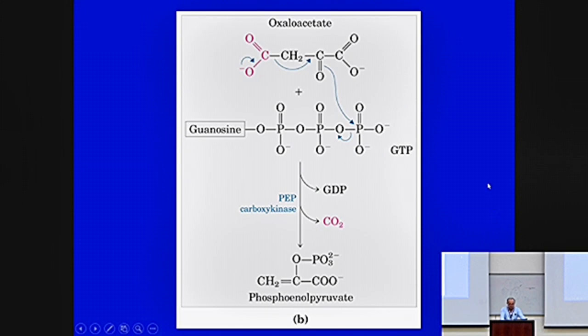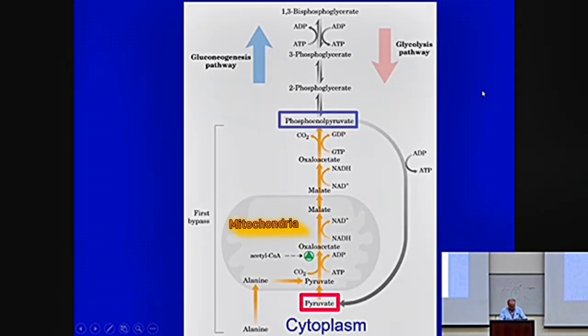So in order to form PEP from pyruvate, you need in succession pyruvate carboxylase, which is in the mitochondria, then PEP carboxykinase, which is in the cytosol, after you transport malate out of the mitochondria and then reoxidize malate to oxaloacetate. So this is again the big picture. This is the first enzyme.